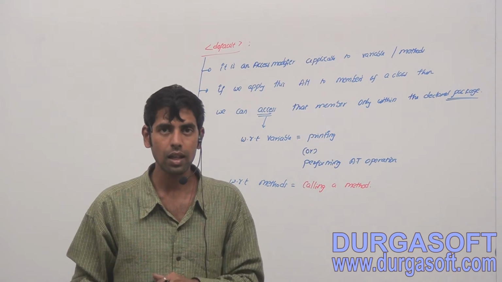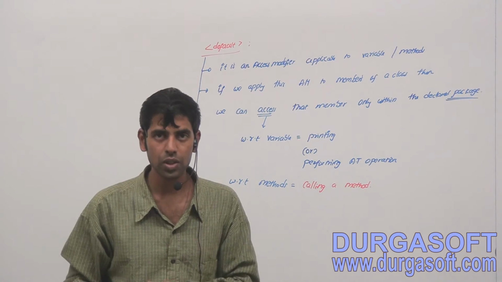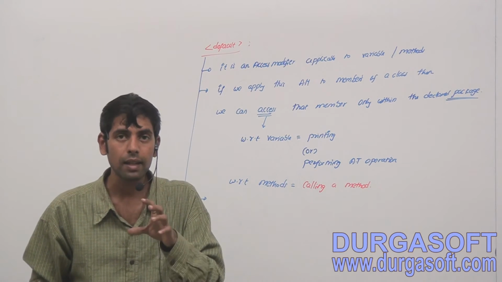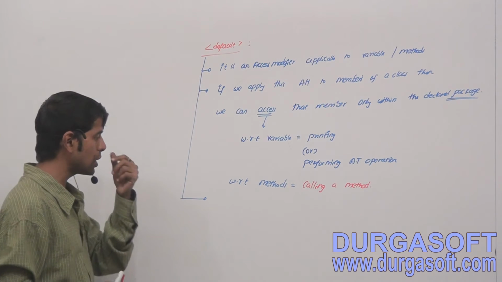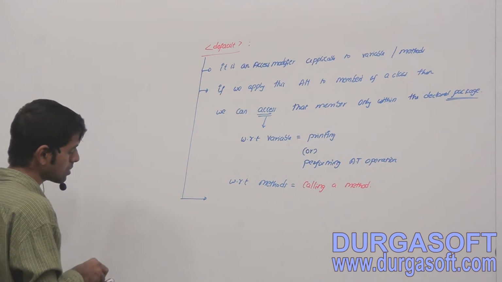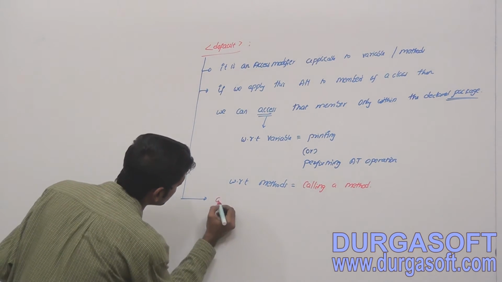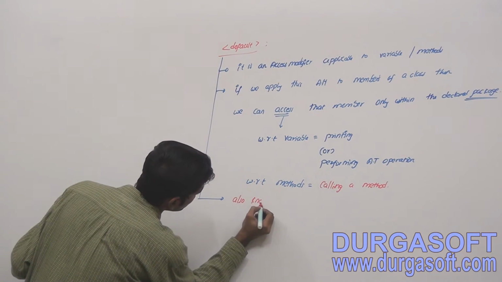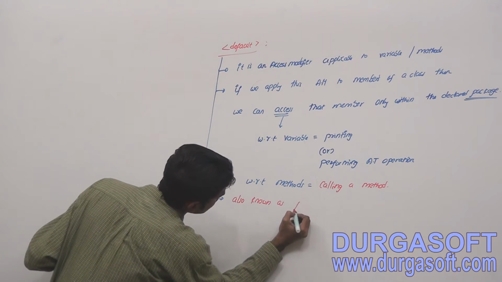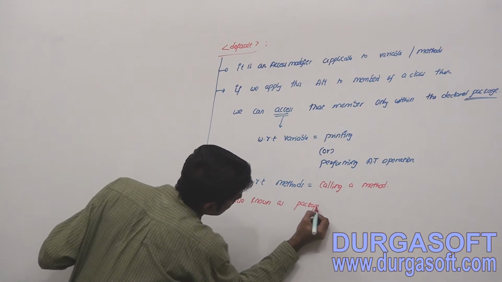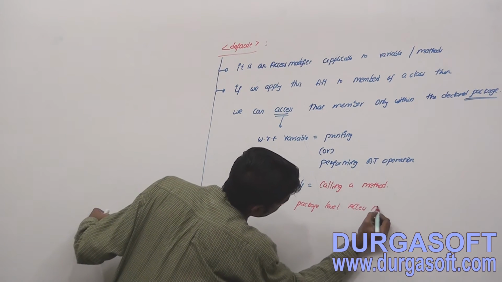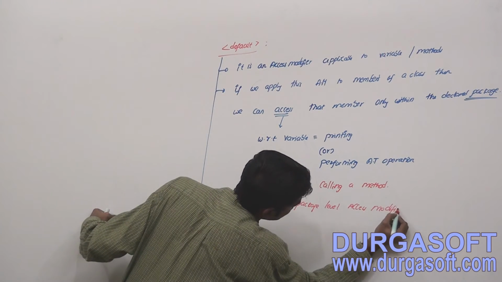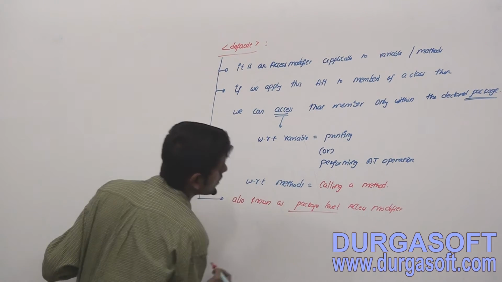There is a chance you may get a question in this way: what is a package level access modifier? At that time you should be in a position to answer the question. It is also known as the package level access modifier.